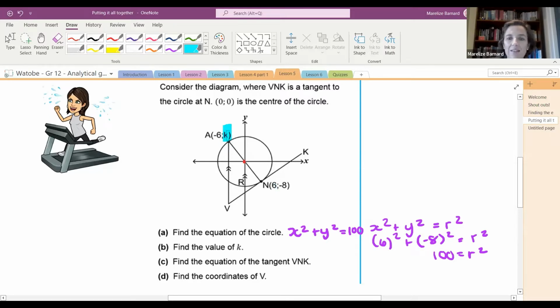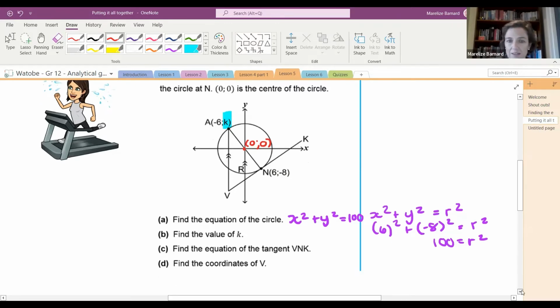So if I add the two values together between A and N, and I divide it by 2, I need to get the coordinate here in the middle. Okay, so we already know what the midpoint is. It's 0 and 0. So what plus negative 8 divided by 2 is going to give me 0.